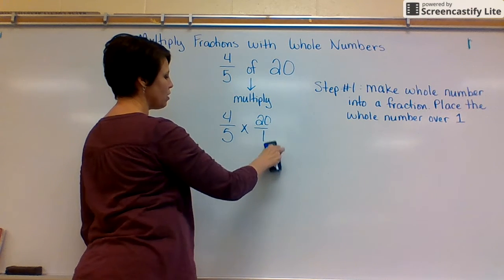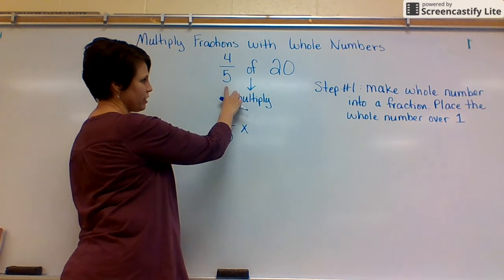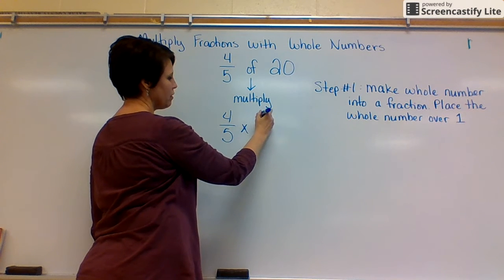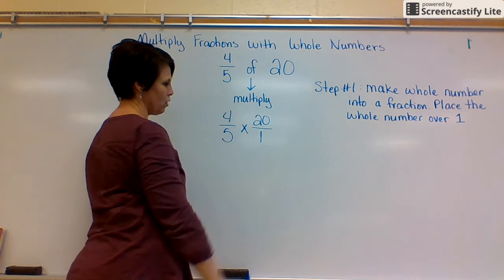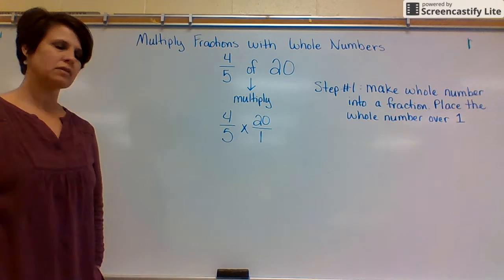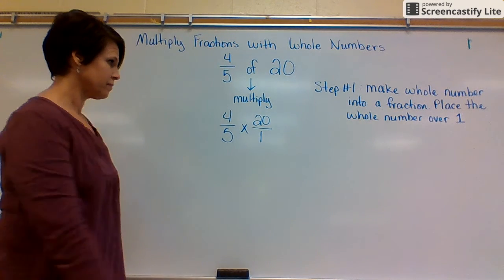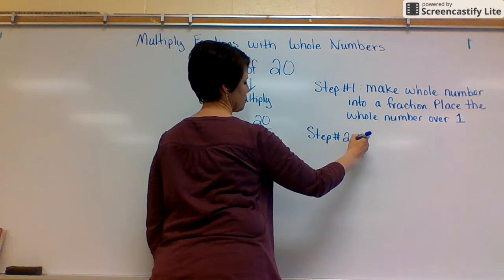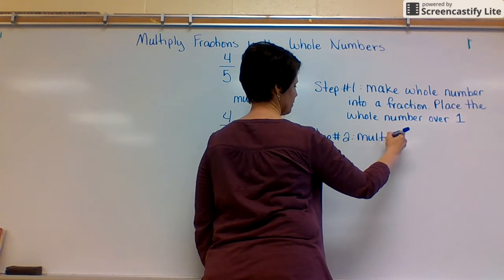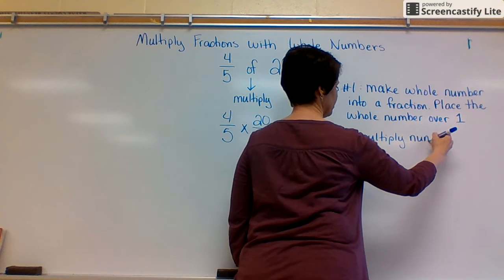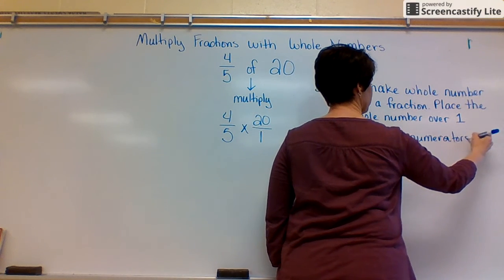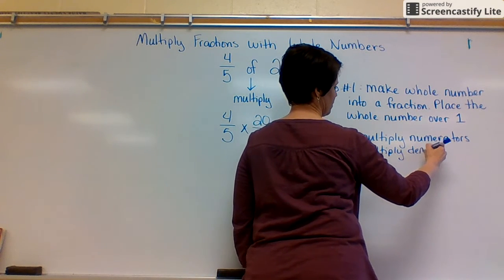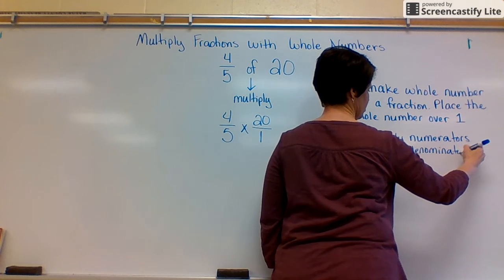All right, so when we are multiplying a fraction times a whole number, step number 1 is to put the whole number over 1. That gives us an equivalent fraction to the whole number 20. Step number 2. We multiply the numerators and we multiply the denominators.